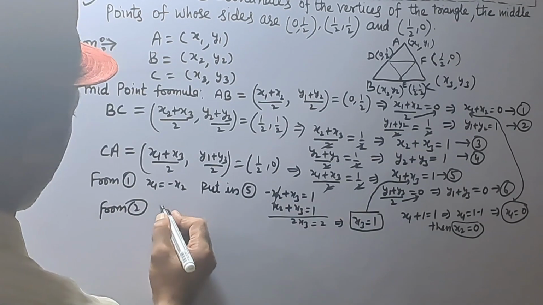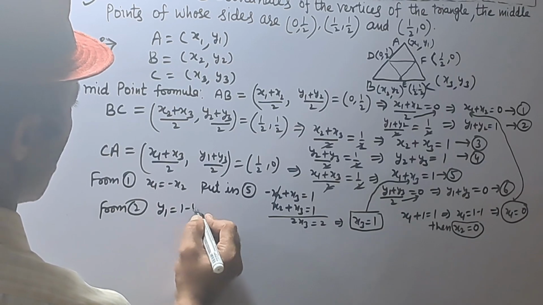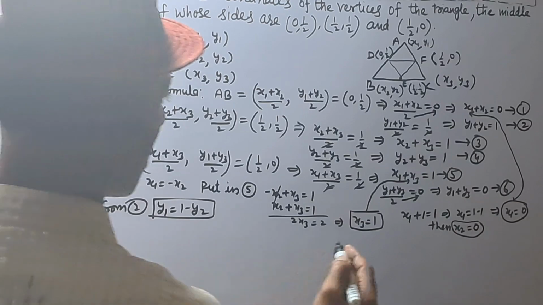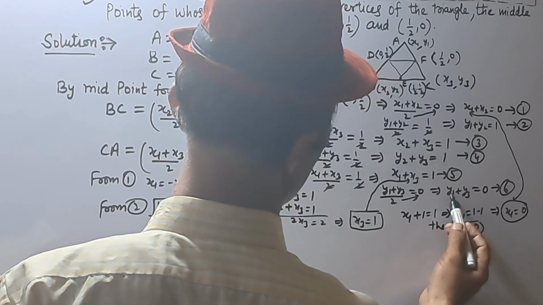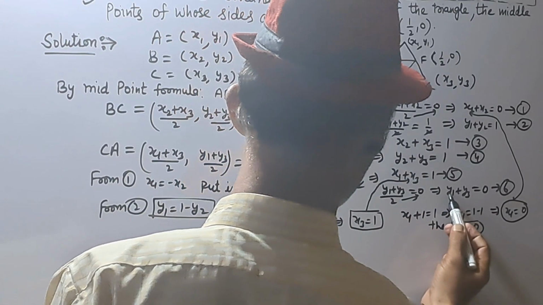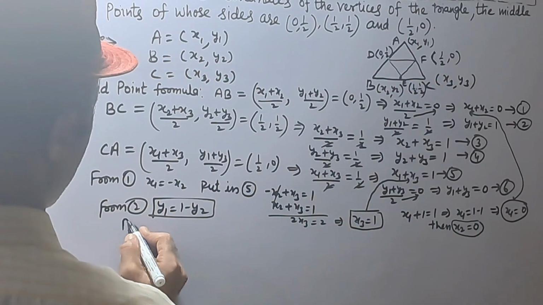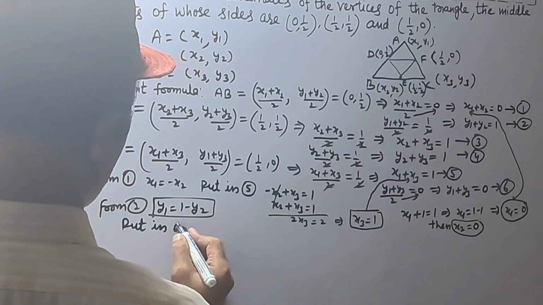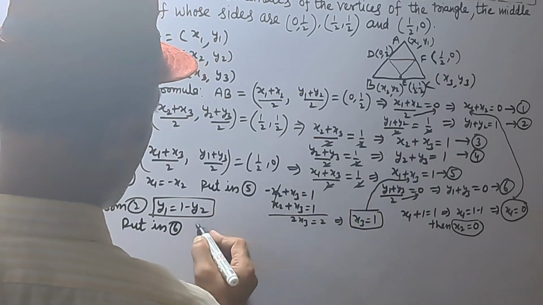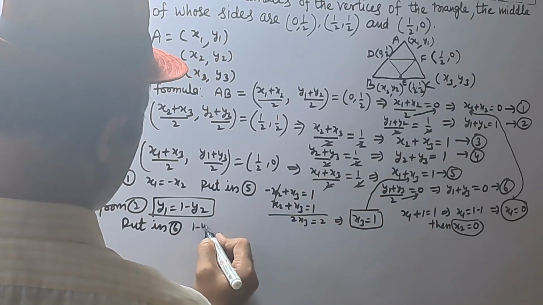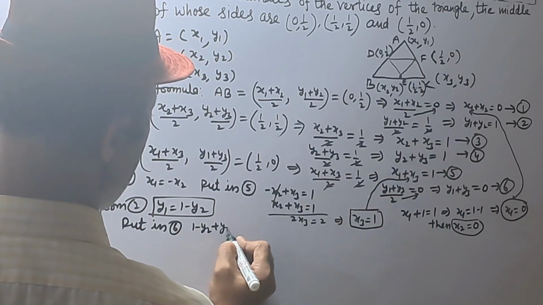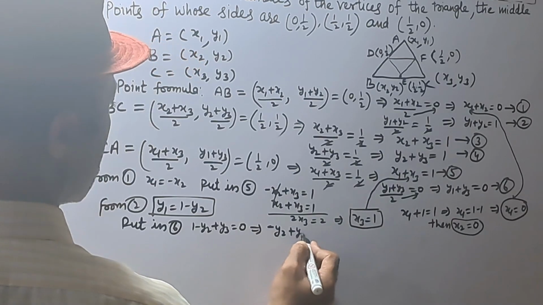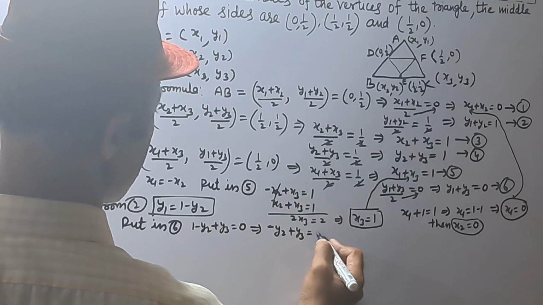From equation second, y1 is equal to 1 minus y2. Put in equation sixth, we get 1 minus y2 plus y3 is equal to 0, and minus y2 plus y3 is equal to minus 1.